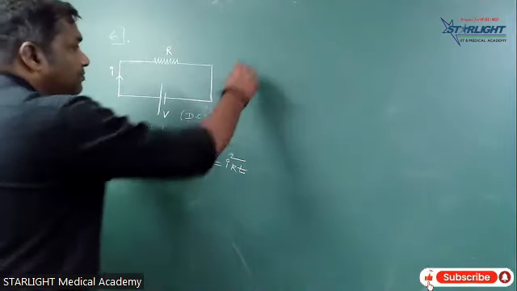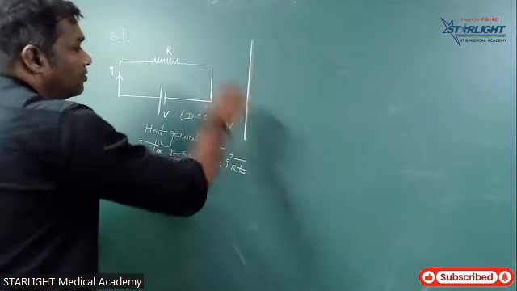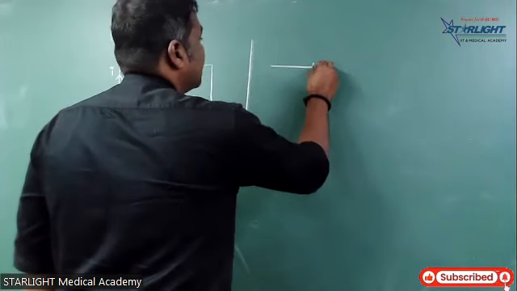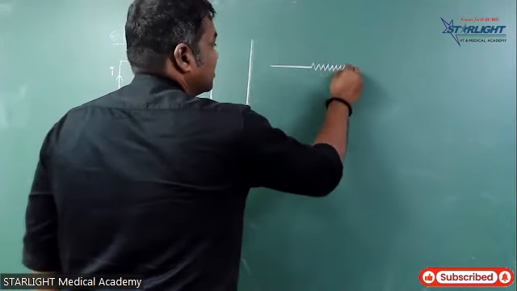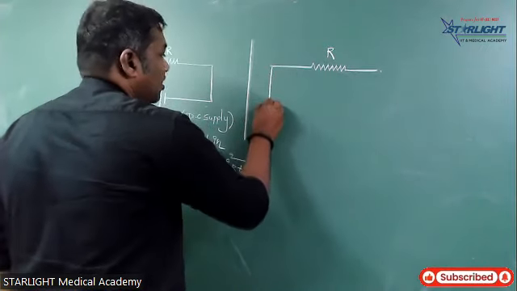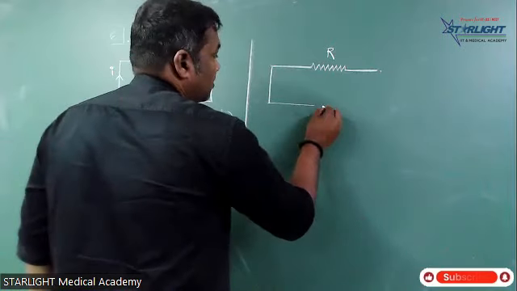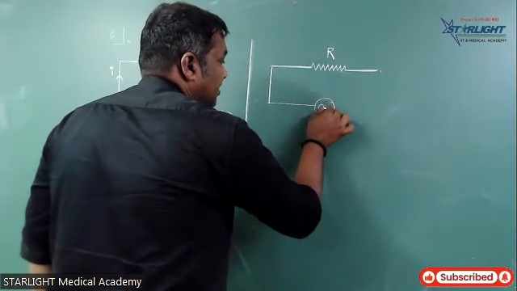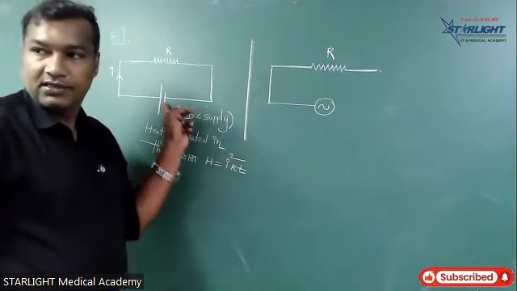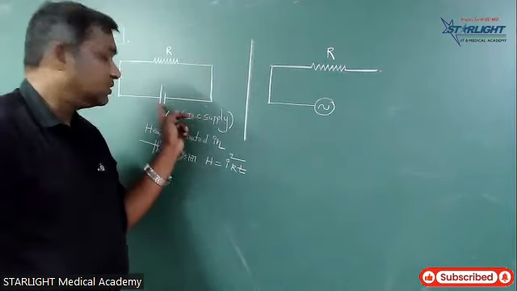Suppose now, what happens if AC supply is given to the same resistor? Now this is the resistor, resistance R. This is AC, alternating current, AC supply. So this is DC supply.